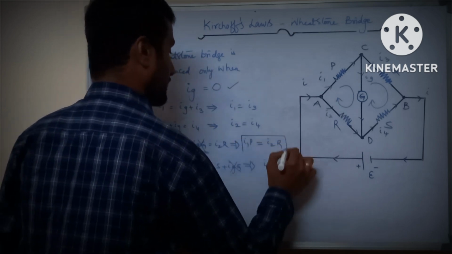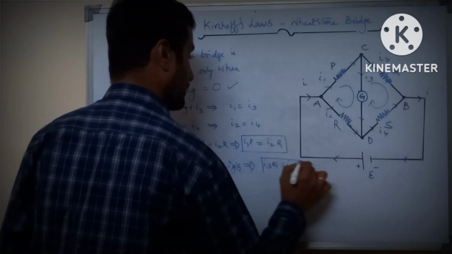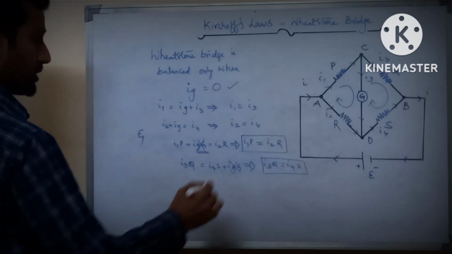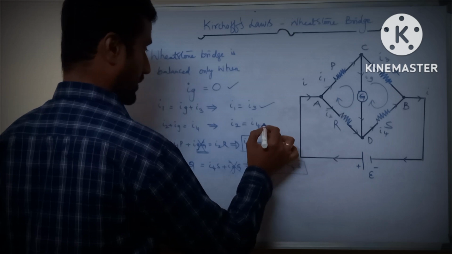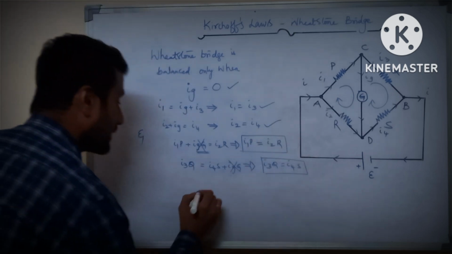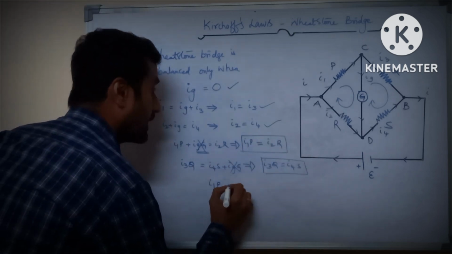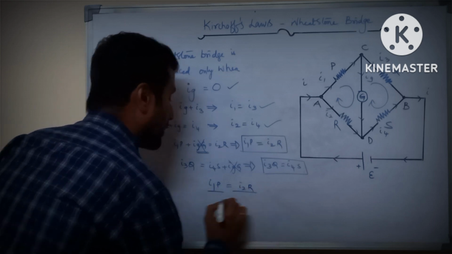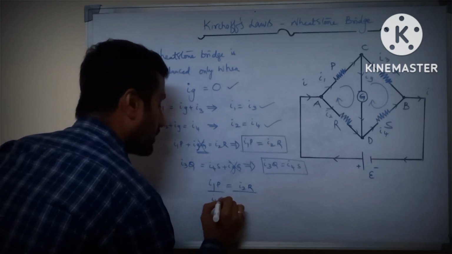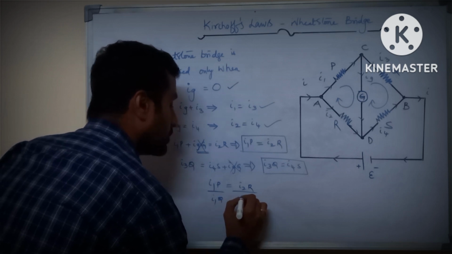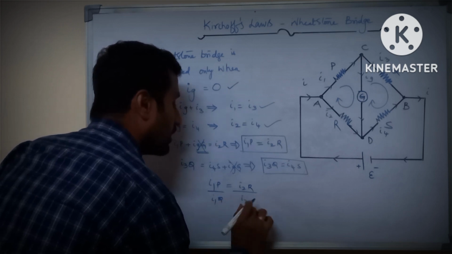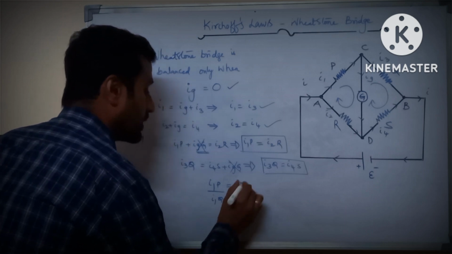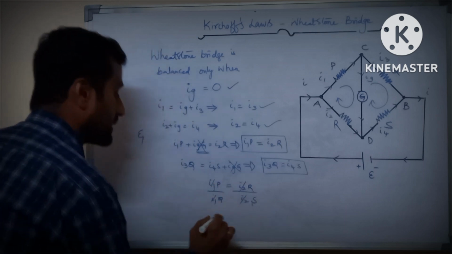By dividing these two equations and substituting I1 is equal to I3 and I2 is equal to I4, we get I1P by I1Q is equal to I2R by I2S. I2 gets cancelled, I1 gets cancelled.